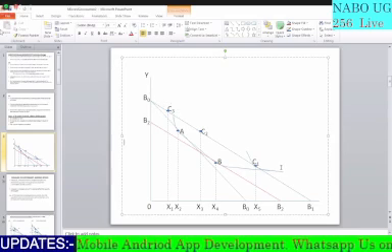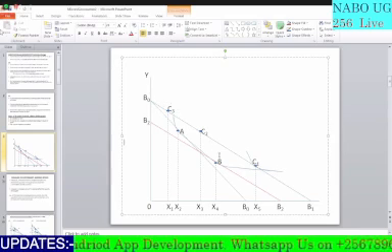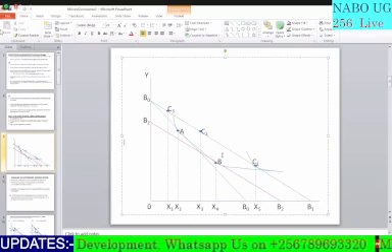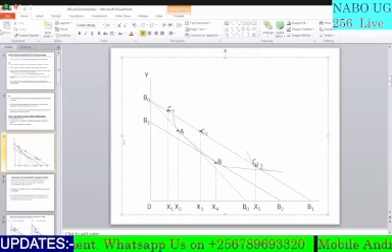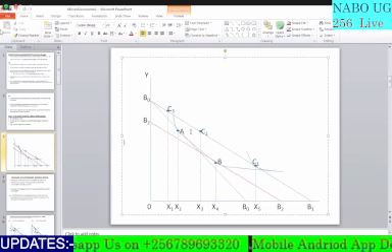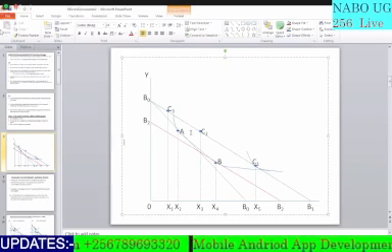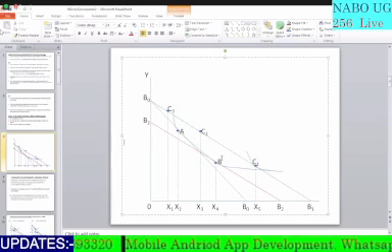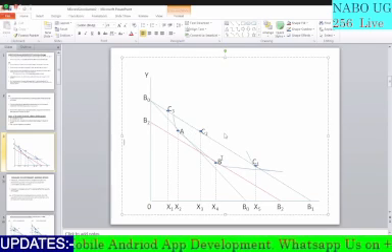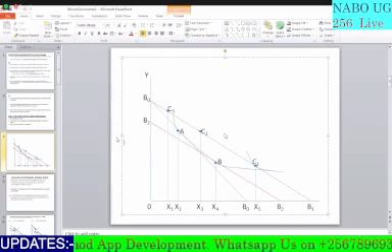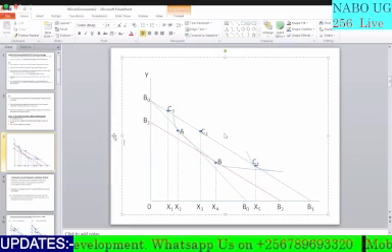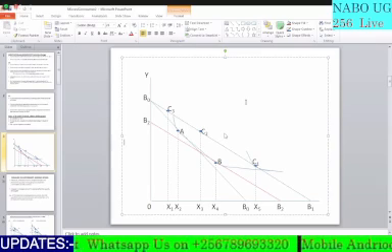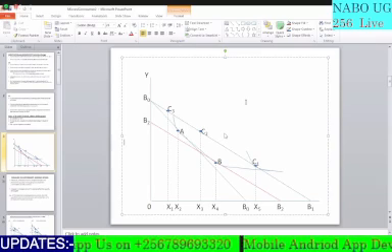Now, the position of C will depend on the nature of the commodity, because the nature of the commodity will also determine the signs of the substitution effect, the income effect and the total price effect. Normally, for any commodity, the substitution effect is positive.